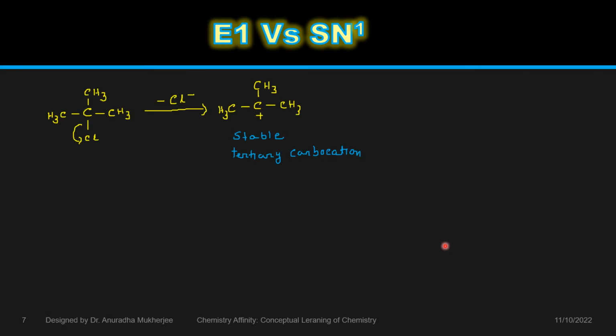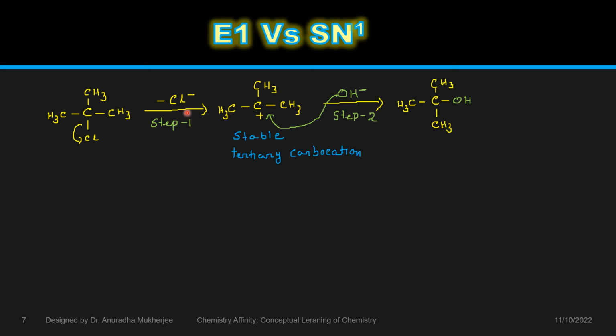As I have already mentioned, E1 and SN1 reactions are two competitive reactions. Now we'll explore these two reactions. In SN1 reaction, formation of a stable carbocation is the crucial factor. This is the rate determining step. So that's why we take tertiary butyl alkyl halide or tertiary butanol.